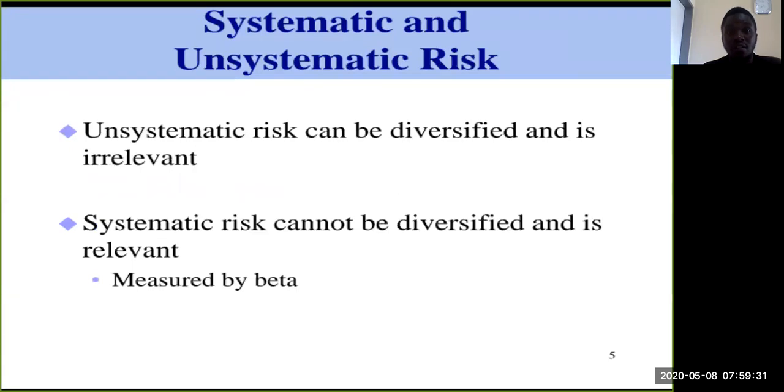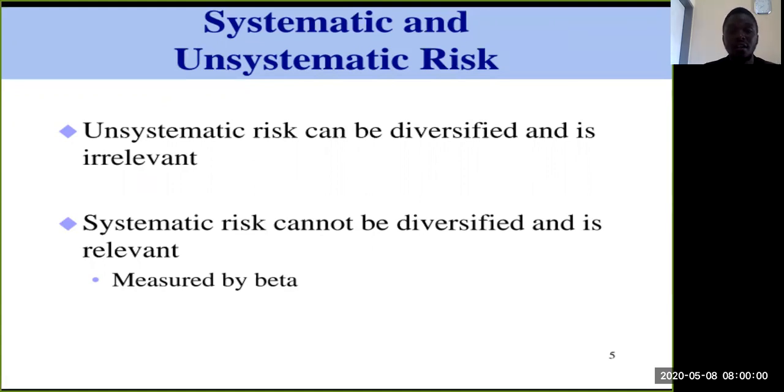Unsystematic risk can be diversified and is irrelevant. From the previous unit, we were looking at diversifiable risk and those risks which cannot be diversified. We saw that if we diversify stock into a portfolio, we can lower or eliminate the risk by adding more stock.